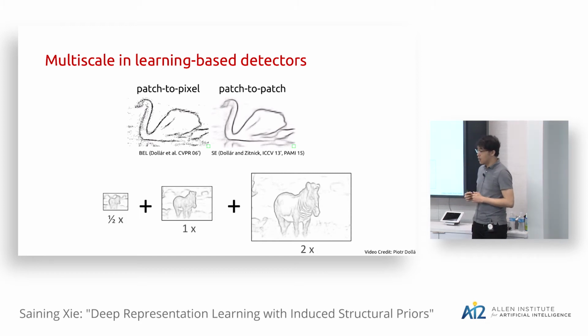So if we want to incorporate multi-scale processing ability into this kind of system, what people do is have an external image pyramid, which means you do multiple passes during inference by taking multiple images at different scales. As you can imagine, this slows down your whole processing speed by a lot.